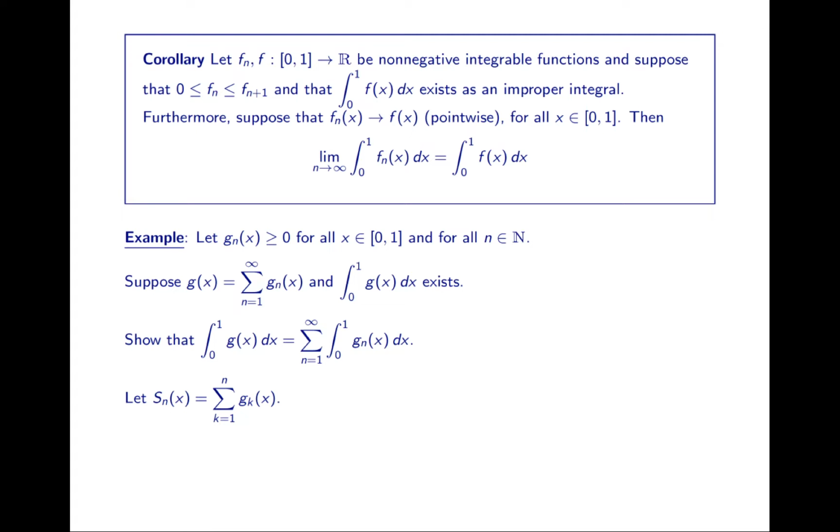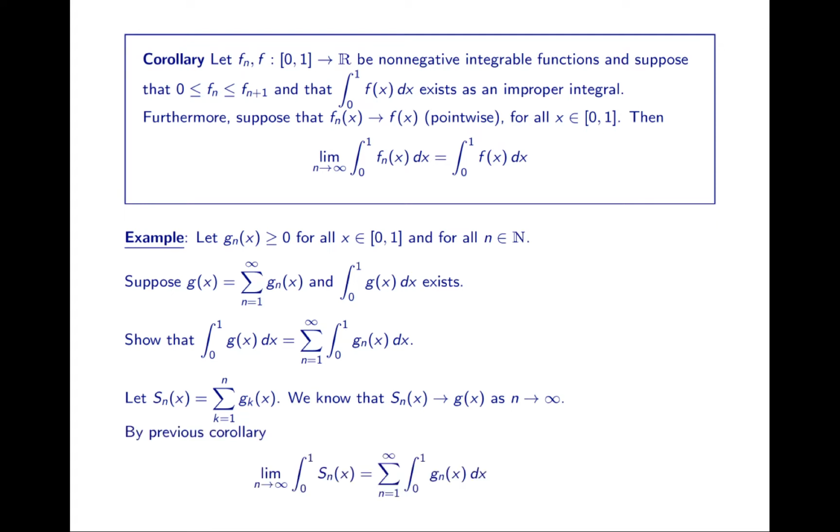So let Sn be the partial sums. Since gn of x is non-negative, my partial sums are increasing, and they're converging to g. So by the corollary, the limit as n goes to infinity of the integrals of my partial sums equals the sum of my integrals of gn, which is the integral from 0 to 1 of g of x dx.